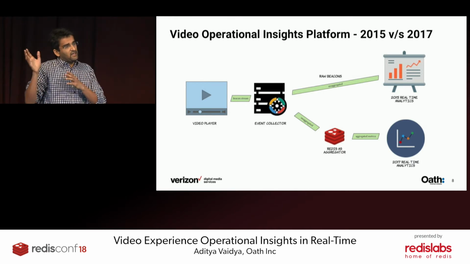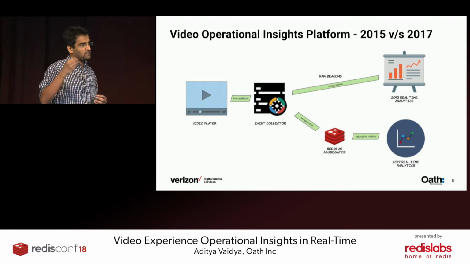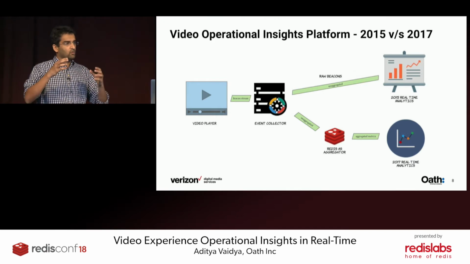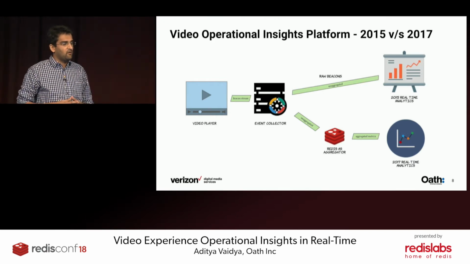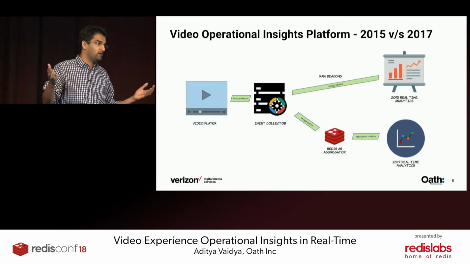During that time, we adopted a very simple strategy, which was sampling. We were looking at only, say, 10% of the raw event data to generate our real-time metrics. However, there were limitations with that because we are not looking at the complete data.